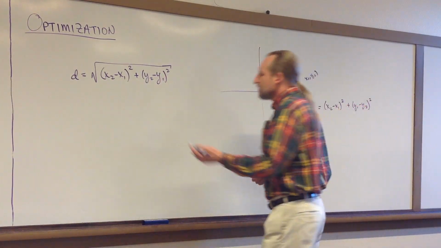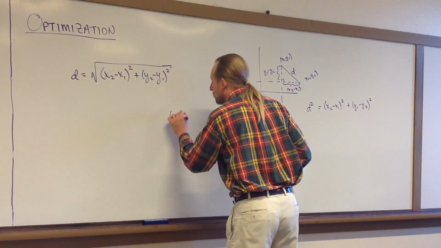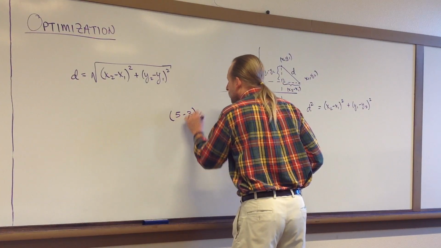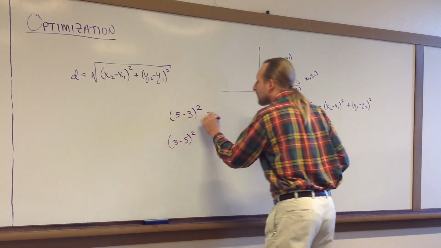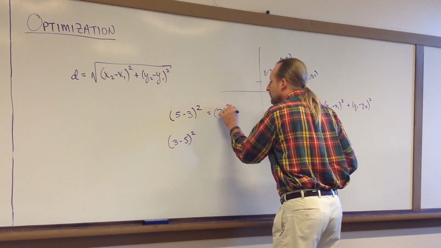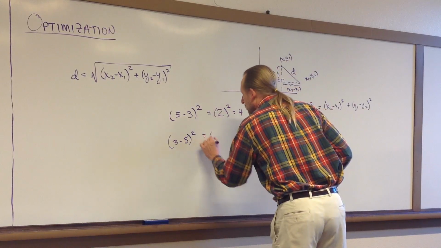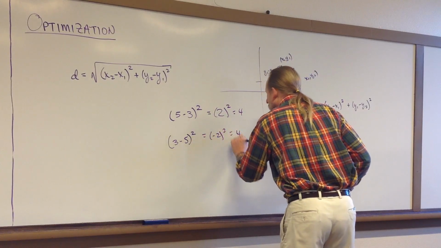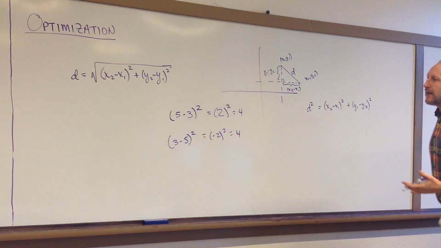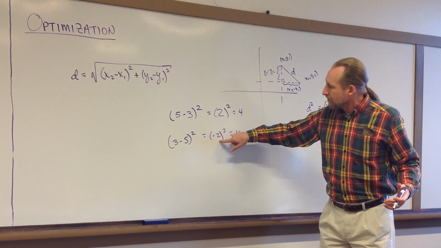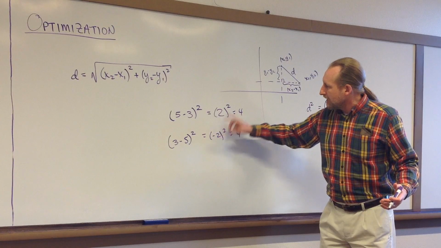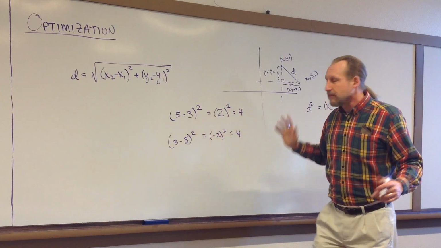Why doesn't it matter? Well, let's take a look at it with some numbers. Let's say we did 5 minus 3 squared or 3 minus 5 squared. This is 2 squared, which is 4. This is negative 2 squared, which is 4. That's why it doesn't matter, okay? These will always have the same absolute value, although they may differ in sign. When you square them, you'll get the same answer.